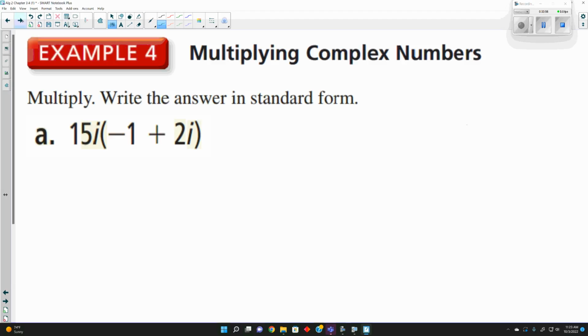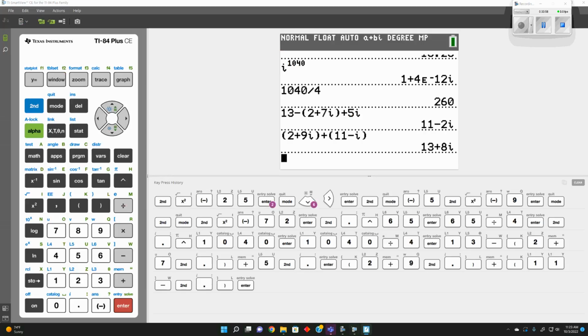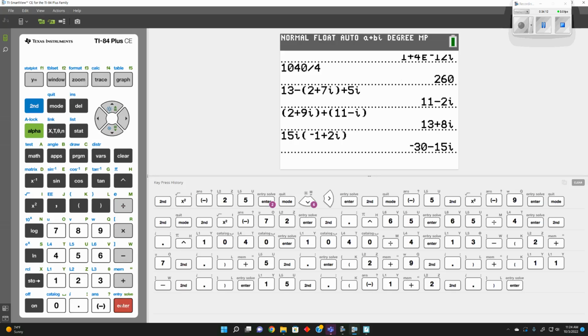15i times negative 1 plus 2i. So this isn't any different than what we've done before.